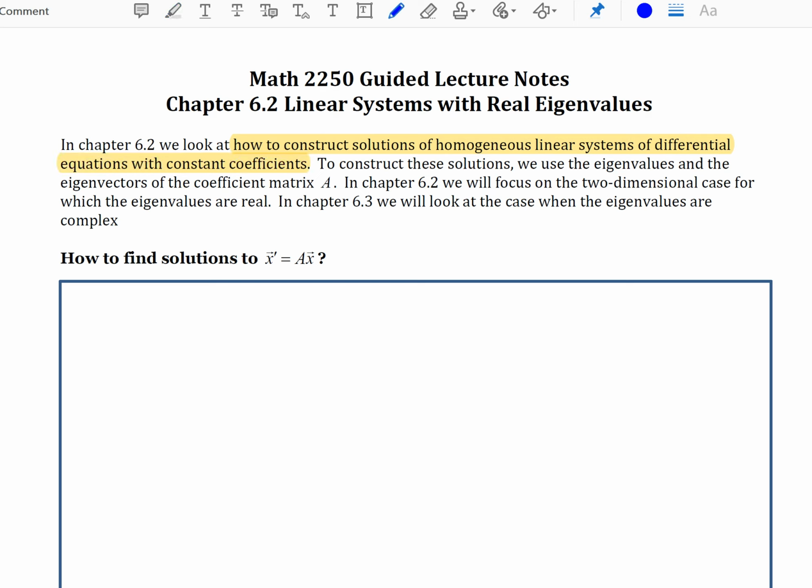To construct these solutions, we will be using the eigenvalues and the eigenvectors of our coefficient matrix A. In Chapter 6.2, we will focus on the two-dimensional case for which the eigenvalues are always real numbers. In Chapter 6.3, we will look at the case when the eigenvalues and the eigenvectors are complex.